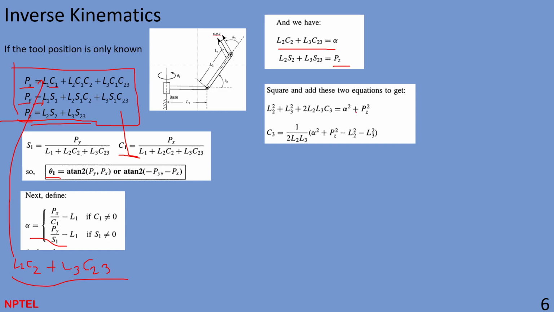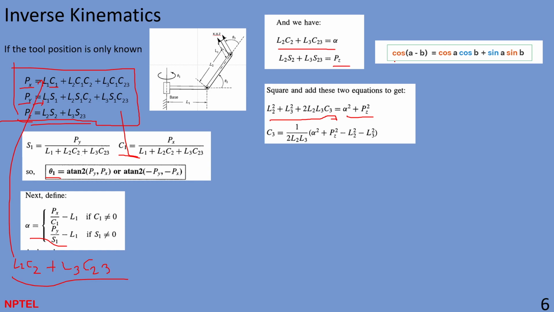Square and add sum. This is what you will get, with pz square on the left hand side. You need to use that formula, right?